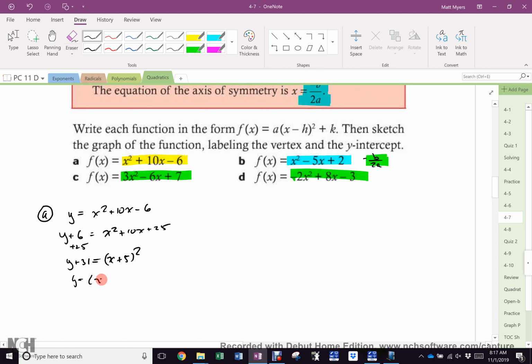Y equals x plus 5 squared minus 31. And then you would graph it. So you know the vertex is at negative 5, negative 31. And you know that the y-intercept is negative 6, which makes that 0, negative 6, which means you've gone 5 away from there, so 5 away from here is negative 10, negative 6. And there's your graph.